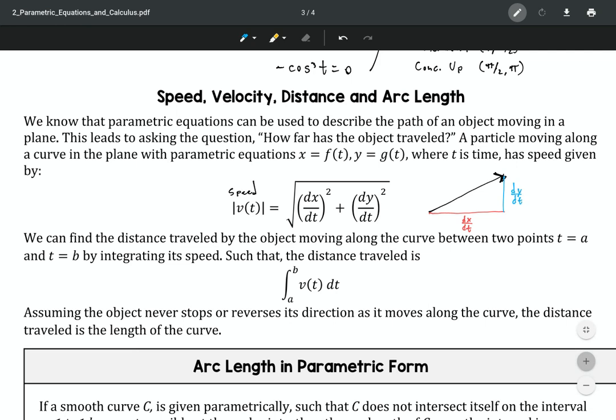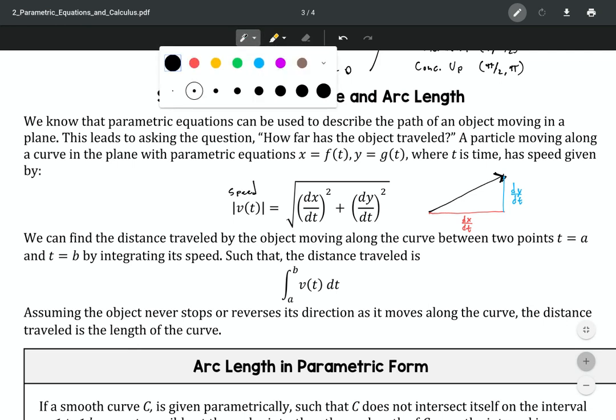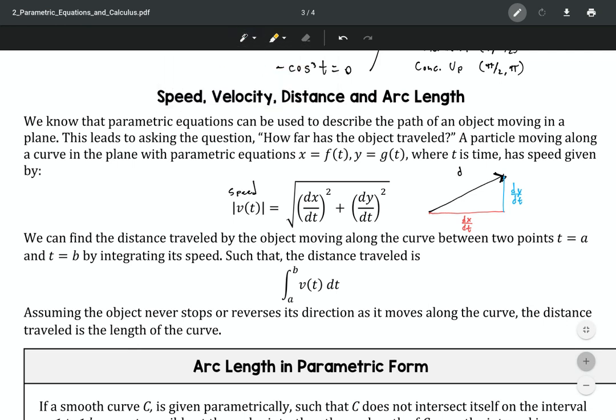Okay, so to figure out, and I don't really know what you want to call this here, let's call this ds dt or whatever. All right, so to figure out the length or the magnitude of this vector, which is really what the absolute value symbols mean in this instance, you would have to do the Pythagorean Theorem.